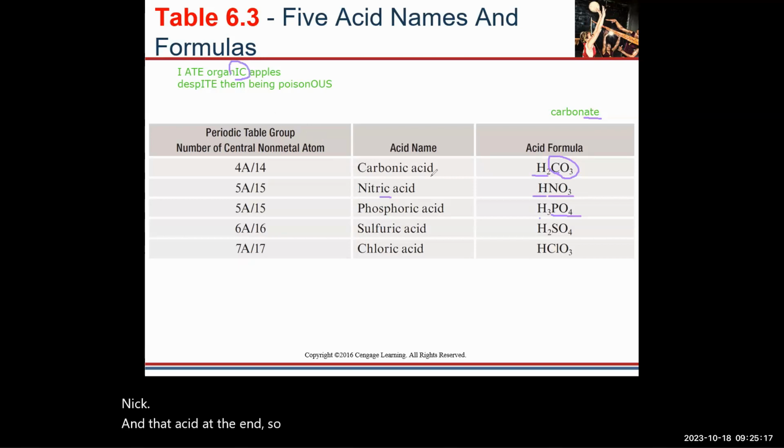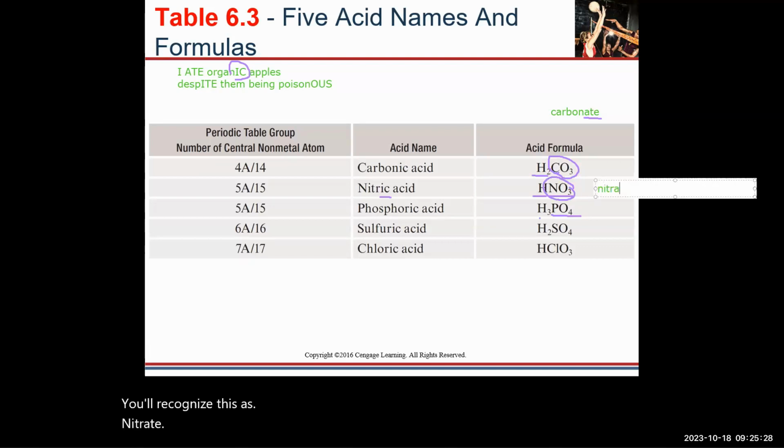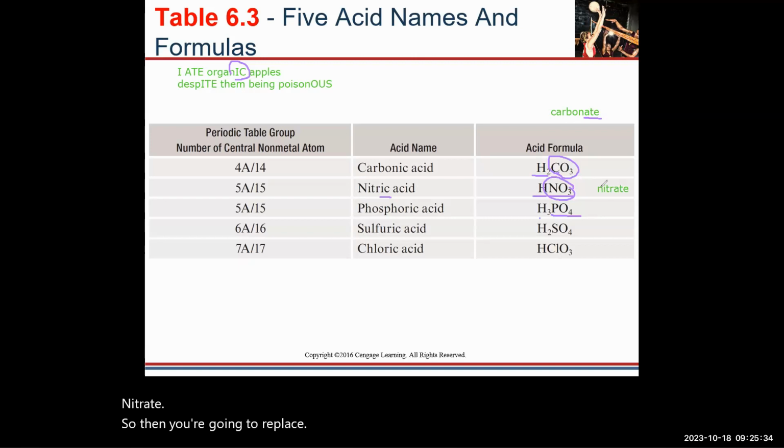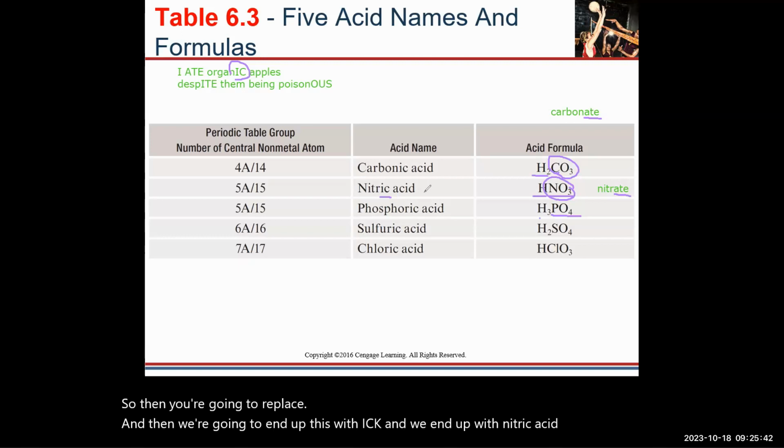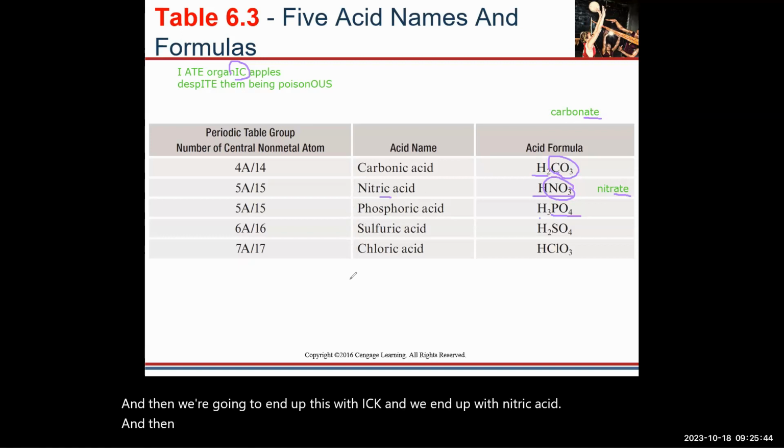So carbonic acid. You'll recognize this as nitrate. So then you're going to replace the ate and end this with ic, and we end up with nitric acid. And so on and so forth down the line.